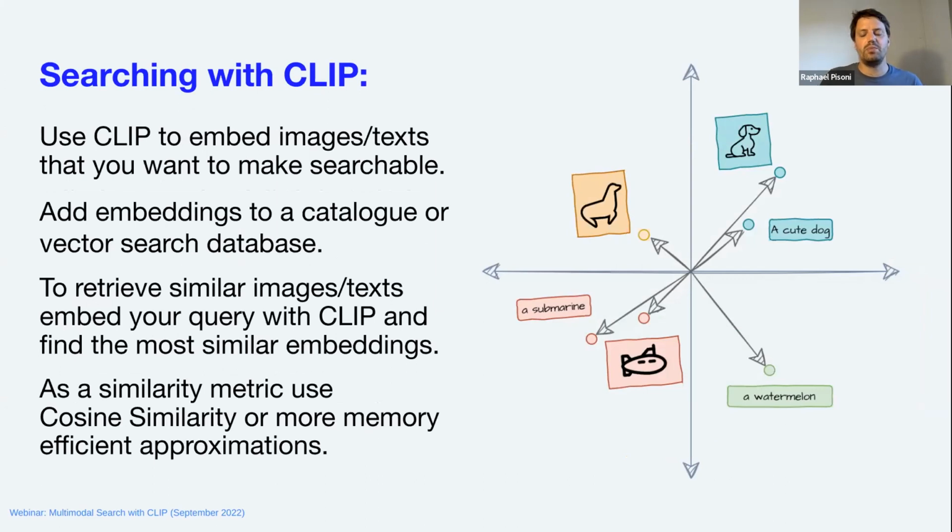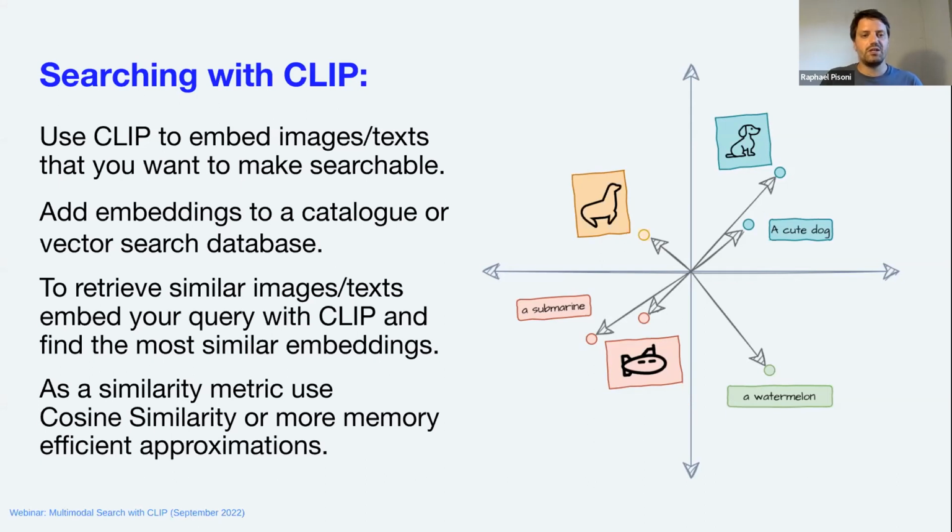So you can use Clip for search by embedding all of the texts and images that you want to make searchable. You can then add these embeddings to a catalog or to some vector search database. And then once you have a query, you can retrieve similar or relevant images or texts to this query by embedding the query with Clip again, and then finding the most similar embeddings, just like James just explained.